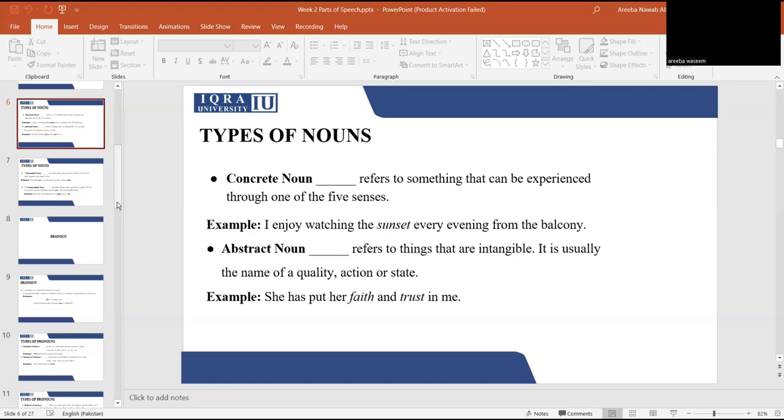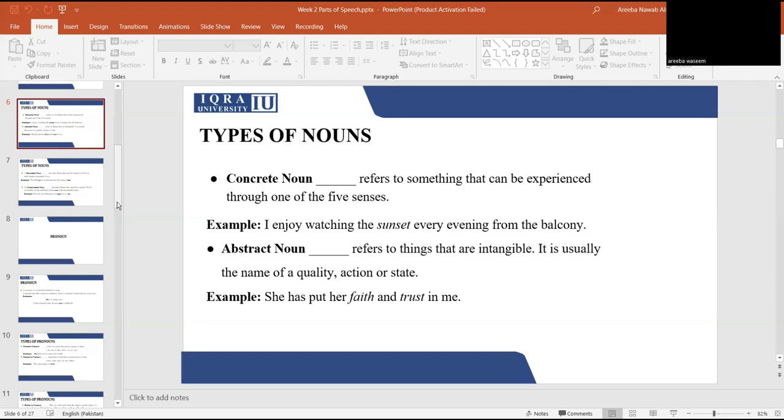Whereas abstract noun is something that refers to intangible things. Intangible things are those which you can feel but you cannot see or hear or touch. Like this example over here, she has put her faith and trust in me.